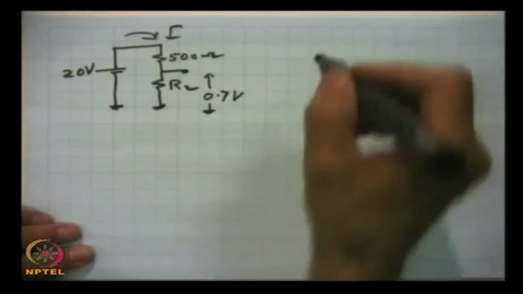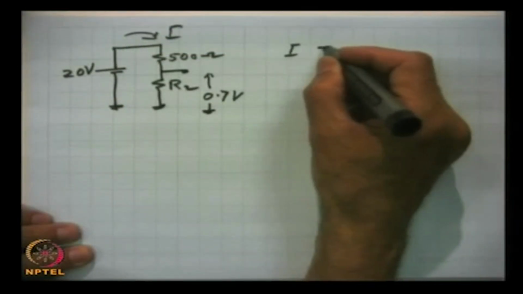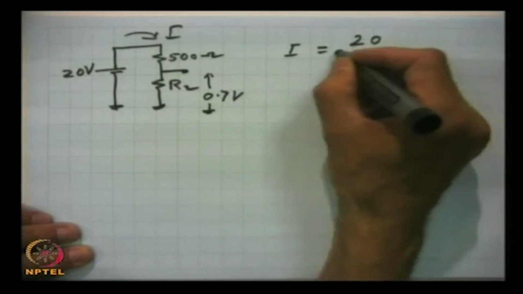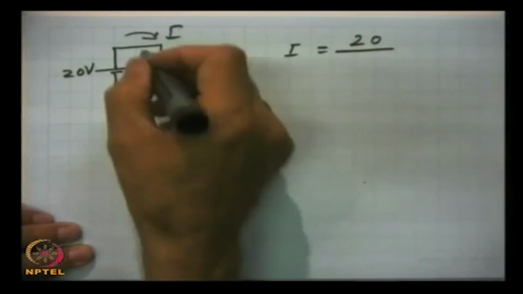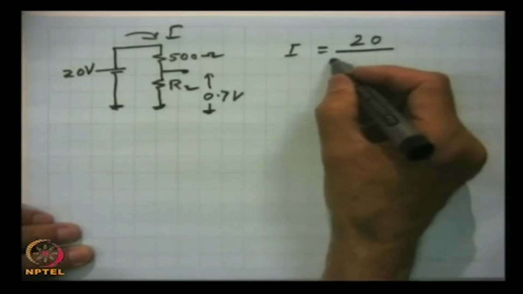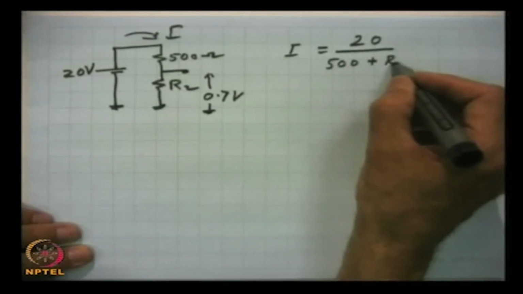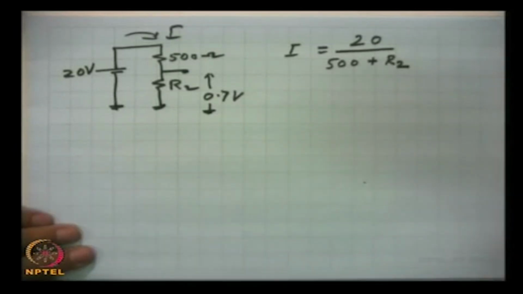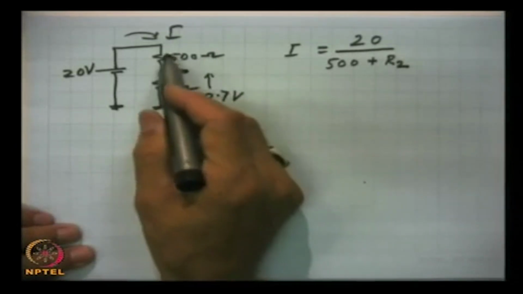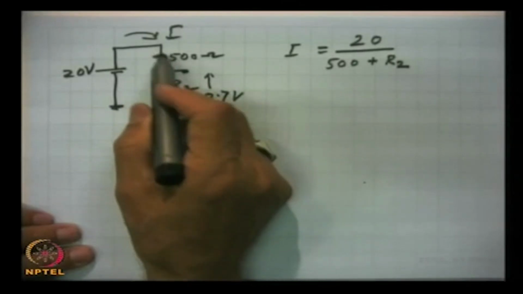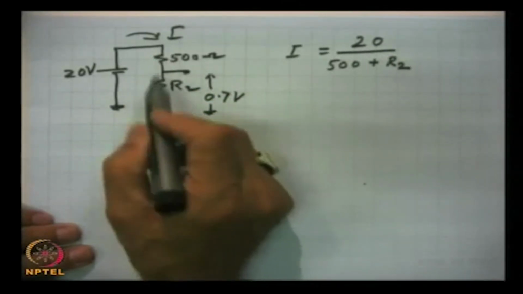The current is by simple Ohm's law, and these two resistances are in series. So, 500 ohms plus R2. Now, this current passes through both these resistances.